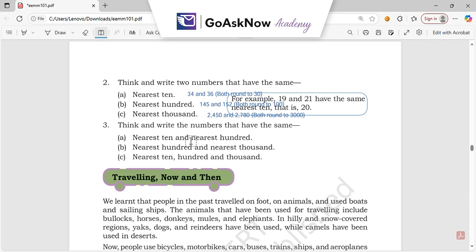Okay, think and write numbers that have the same nearest 10 and nearest 100.